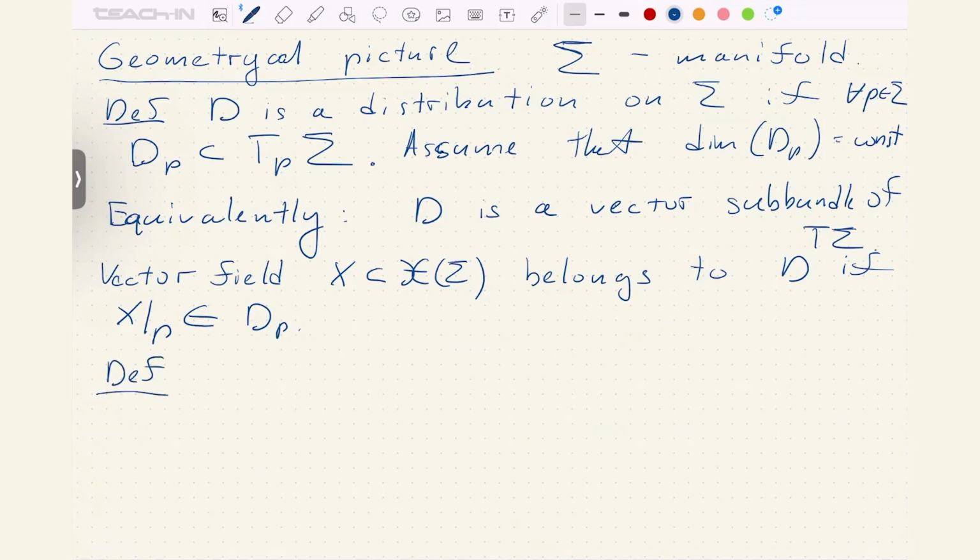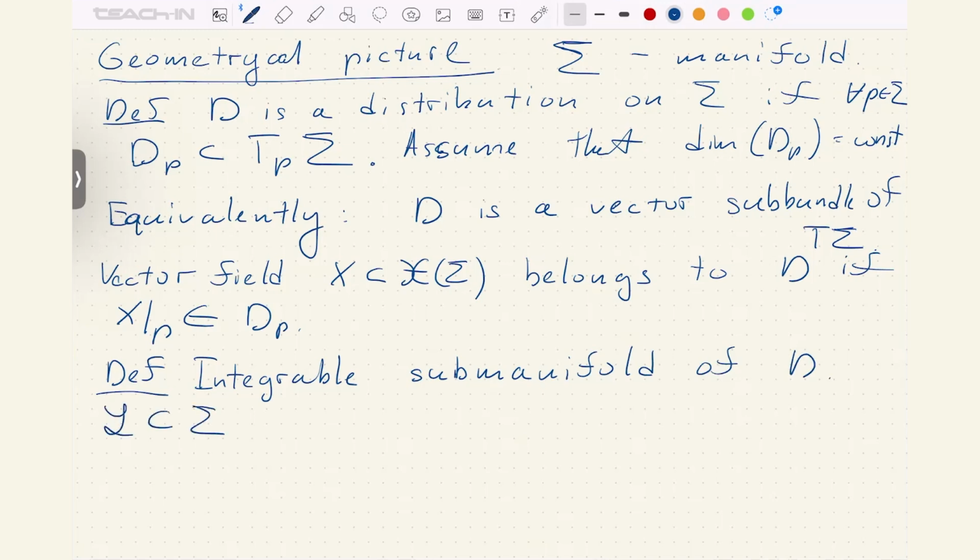Okay, another important definition is that of an integrable submanifold of a distribution D. So L in sigma is called integrable if for any point P of L, T_P L coincides with D_P.